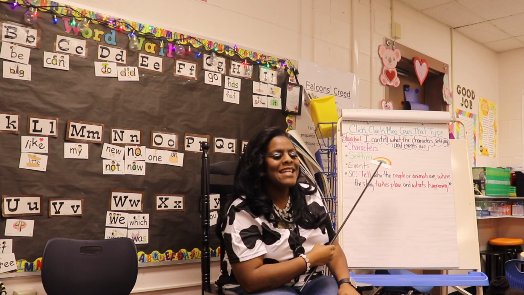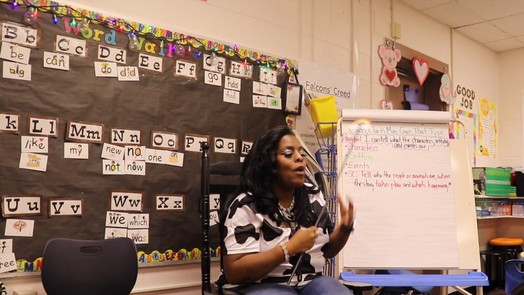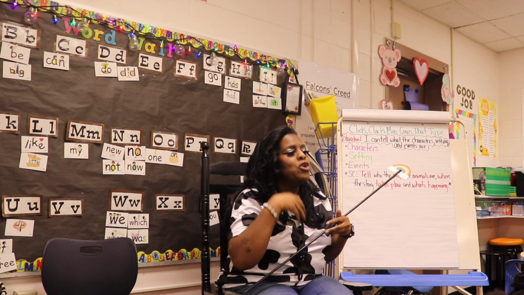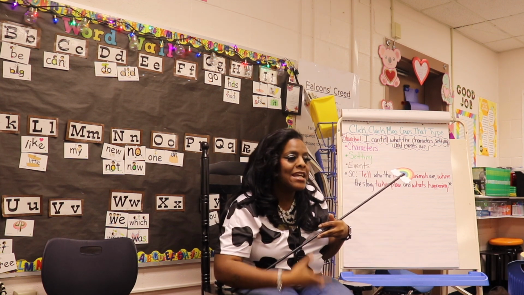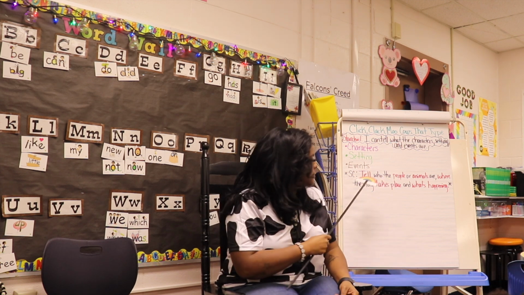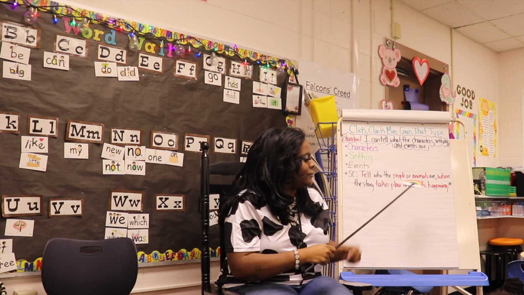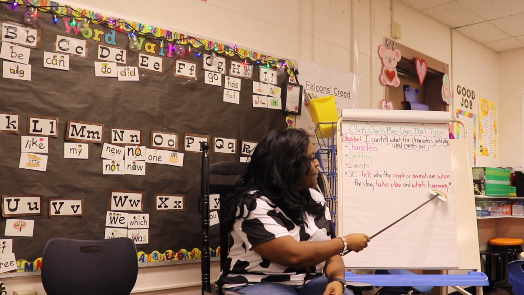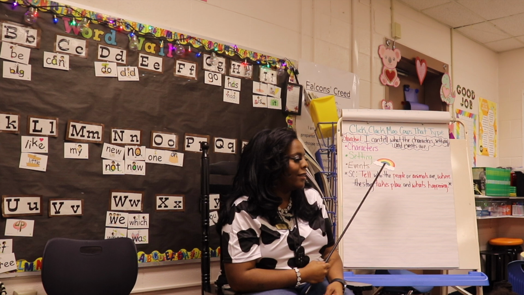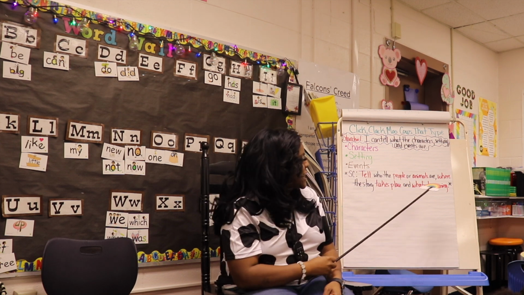And what is happening? This is the main part. What is happening in this story? What is going on? This is where we usually have a problem and we fix it. What is going on in this story? The cows typing notes. The cows are typing notes because why? Because they want an electric blanket.